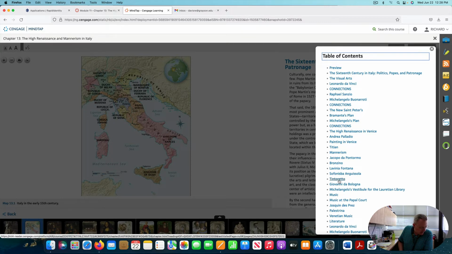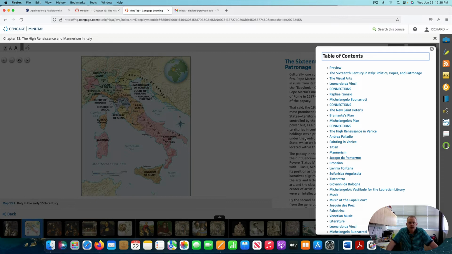Other than that, we realize we're on some of the really big hitters here, and that we're in the early part of the Renaissance. Remember, big picture: people are getting off the boats from Constantinople as Constantinople falls, and looking at everything anew.